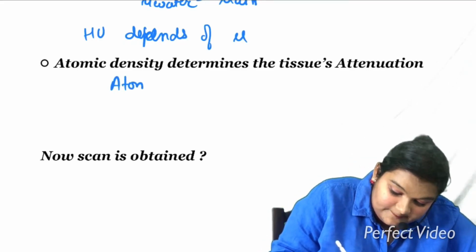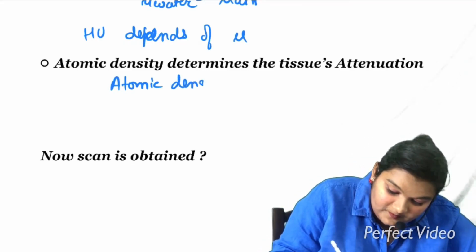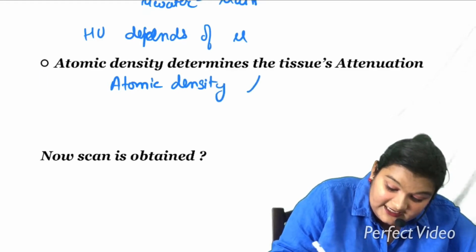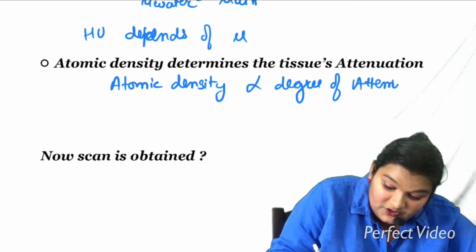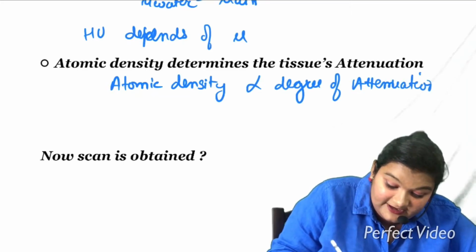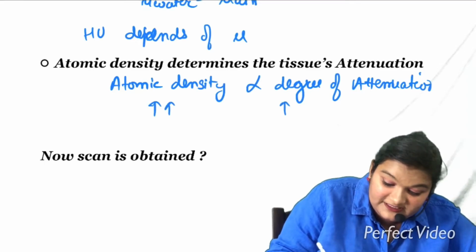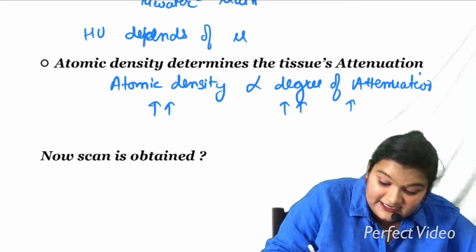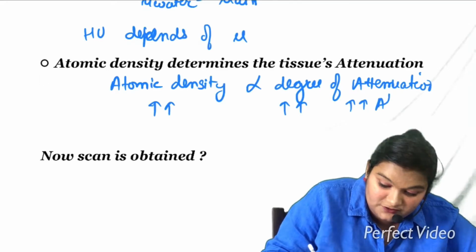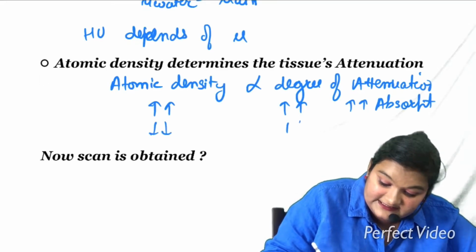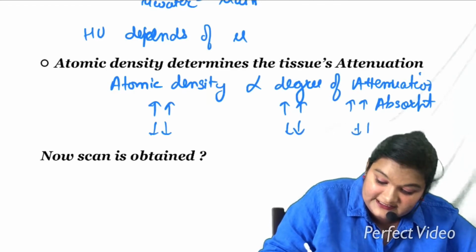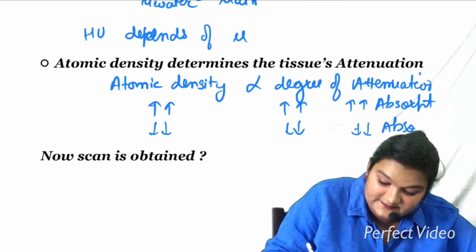Atomic density is directly proportional to the degree of attenuation. So what we can say is that the greater the density, the greater the degree of attenuation, the greater the absorption. The lesser the density, the lesser the attenuation, the lesser the absorption of X-rays.